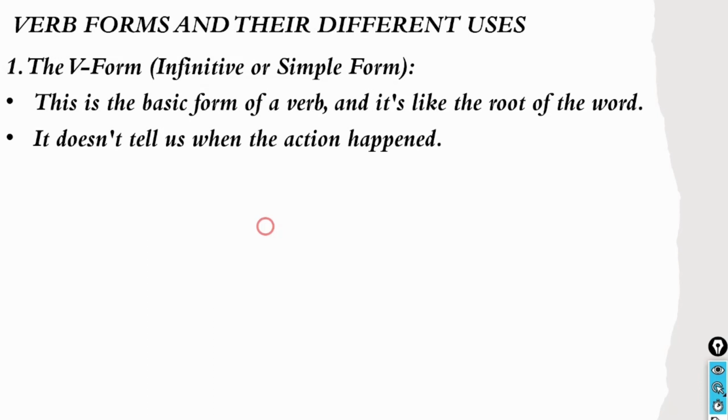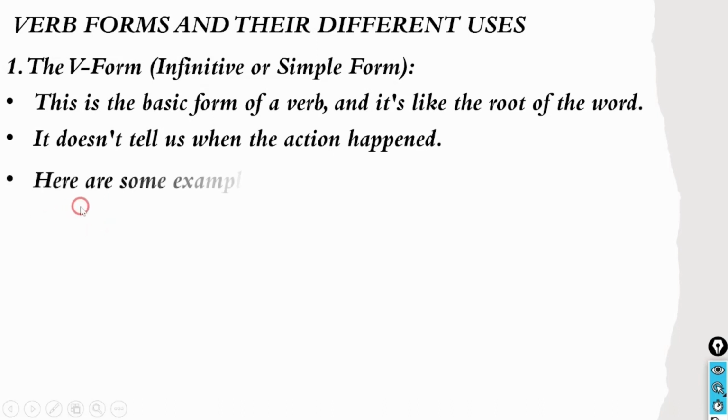That's what the V form verb, or the basic form of the verb, does. It will just tell us that an action has to be done, or that it was done, but it can't tell us when it was done. A V form verb just tells us an action.